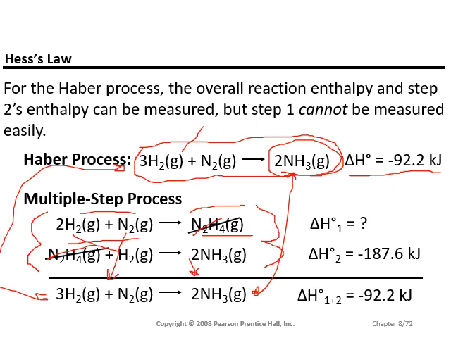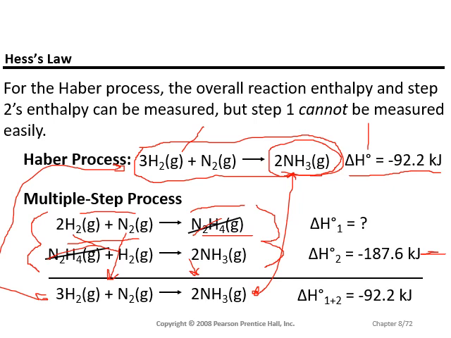Somebody was able to figure out what the delta H of reaction was, and this is standard conditions because of the degree sign. They were also able to figure out what the delta H of the second step was in our mechanism.